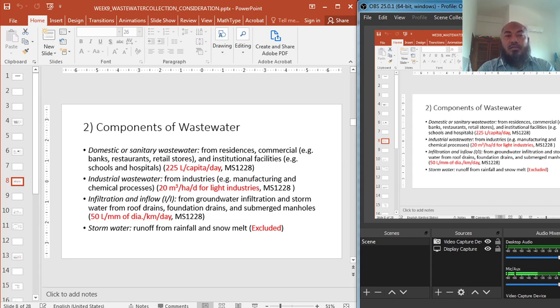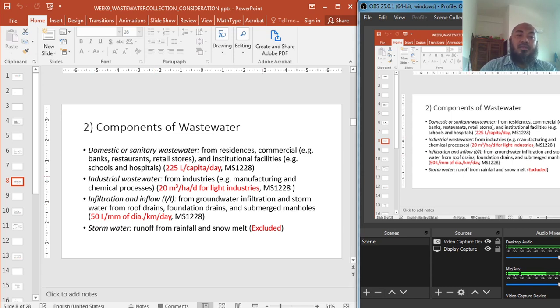Let us go through them. Where does domestic or sanitary sewer water come from? From residences, commercial facilities, for example banks, restaurants, retail stores, universities, and institutional facilities like schools and hospitals, etc. These are domestic wastewater. The Malaysian standard allows 235 liters per capita per day.